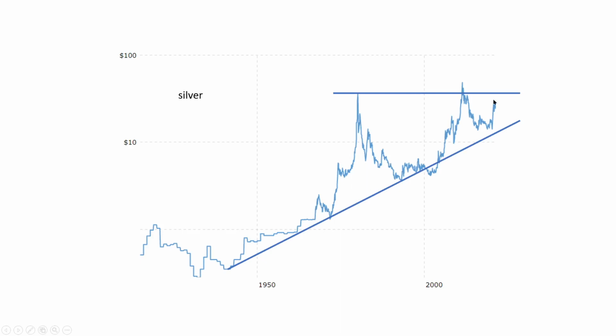It's going to go far higher when it breaks out of this pattern here. And the physical size of this pattern makes me think that silver is going to go way, way higher. That's what this pattern looks like. And it's an accumulation of people all putting in this pattern. It's herd mentality. And that herd is saying that this is going to go way higher.